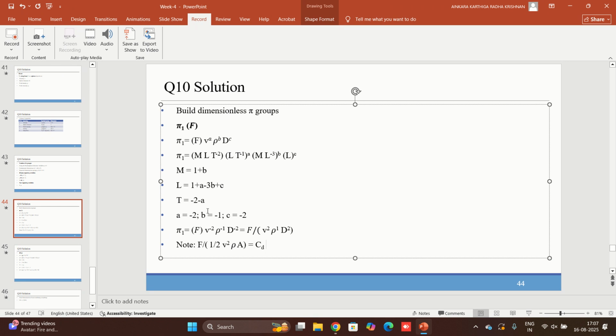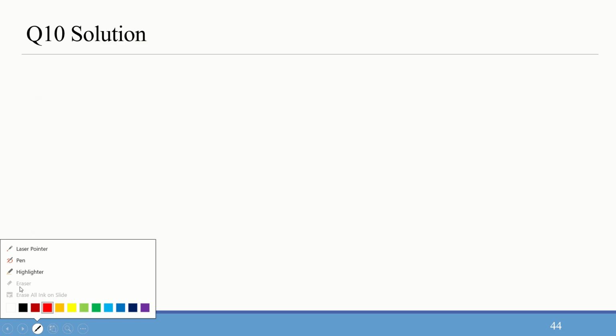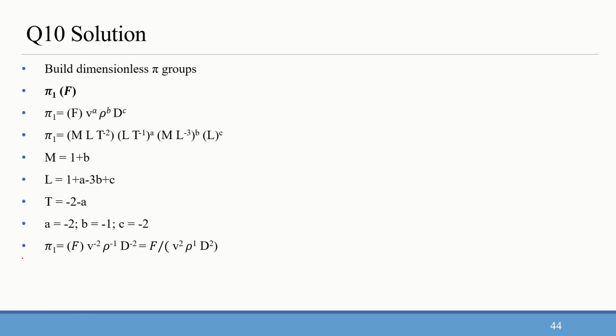So if we write the units also, we can see that they get cancelled. F is Newton, or kg meter per second square, and V square is meter square by second square, meter per second the whole square.